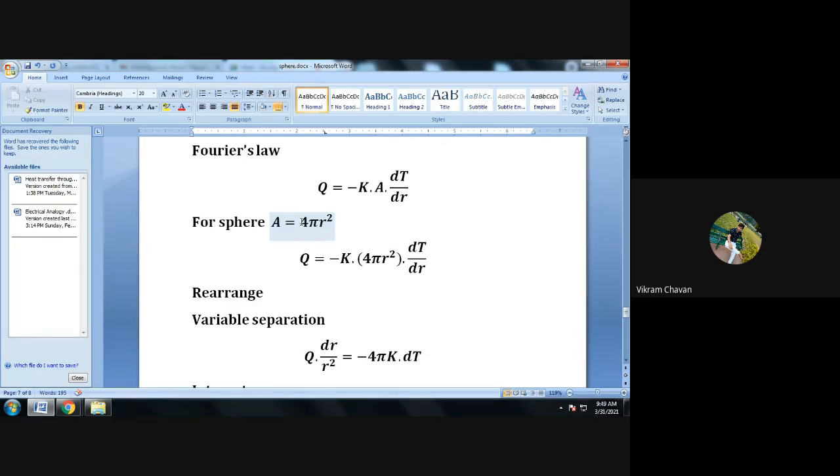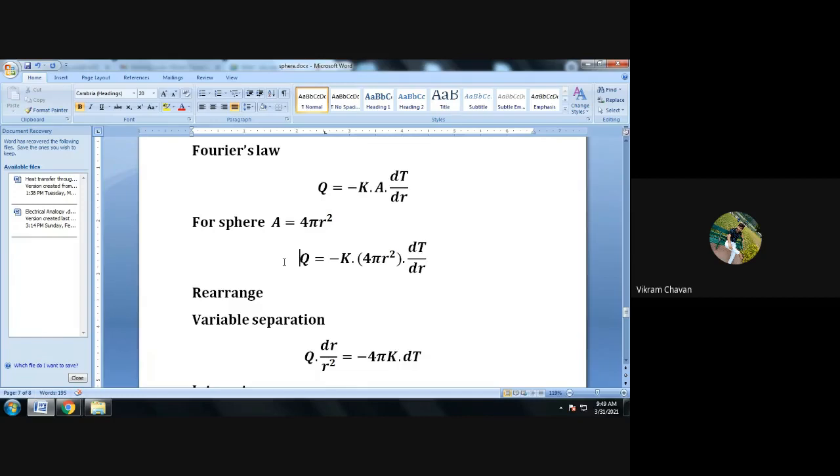So instead of A in Fourier's equation, just put 4 pi r square. So the equation will become Q is equal to minus K multiplied by 4 pi r square multiplied by dT divided by dr.